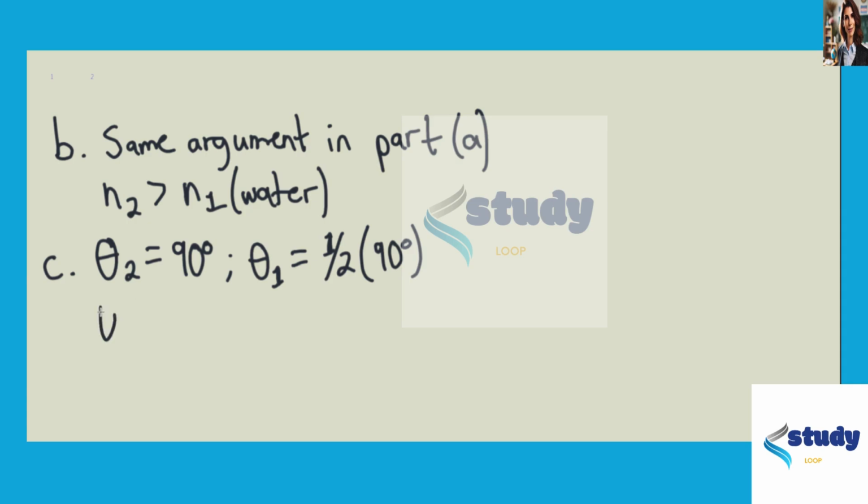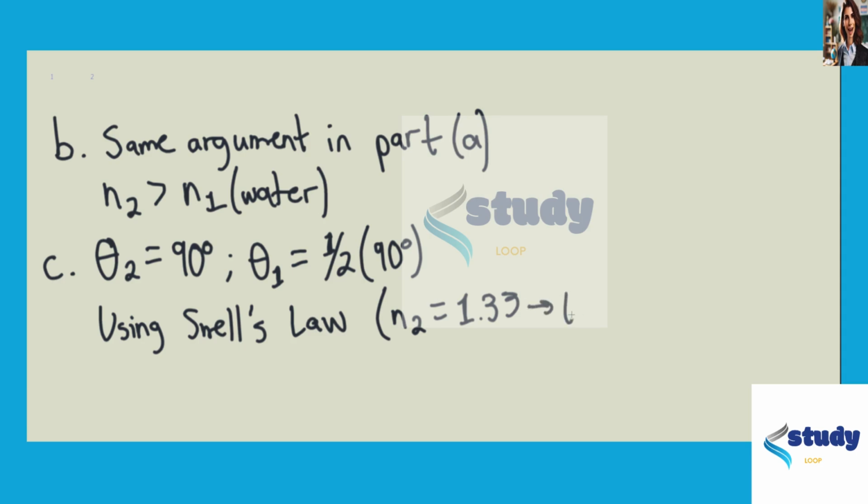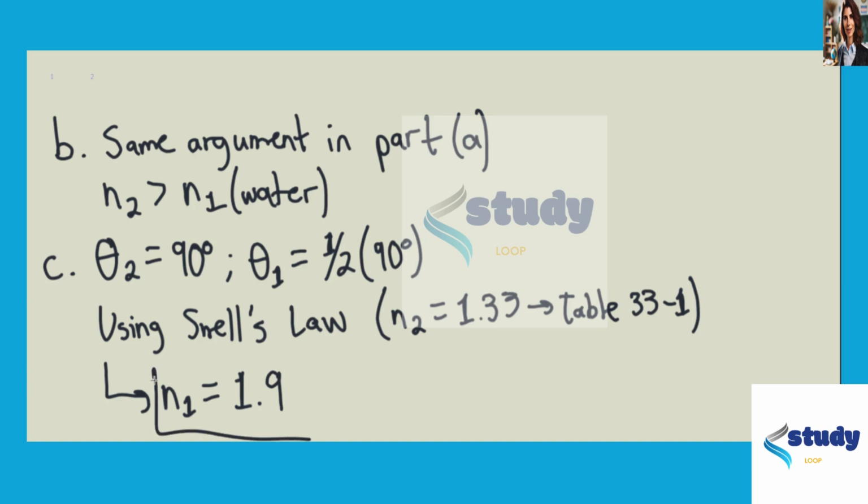And then using Snell's law again, we know that n sub 2, the refractive index, is going to be equal to 1.33. This is for water, and this is found in table 33.1. And so using Snell's law, we find that the refractive index of the first material, n sub 1, would be equal to 1.9. This would be our answer for part C.